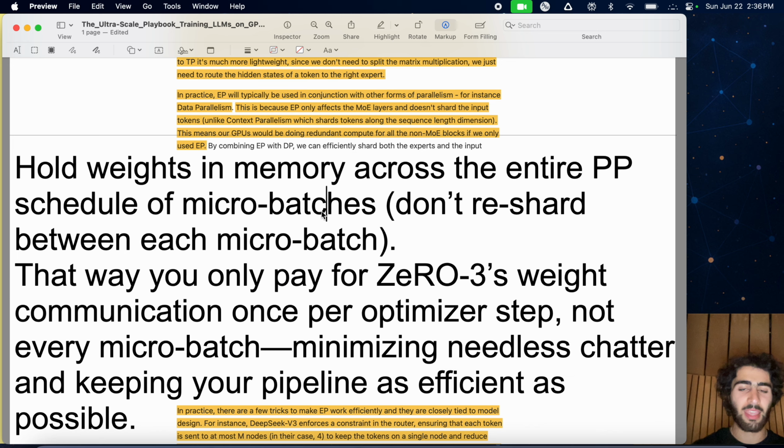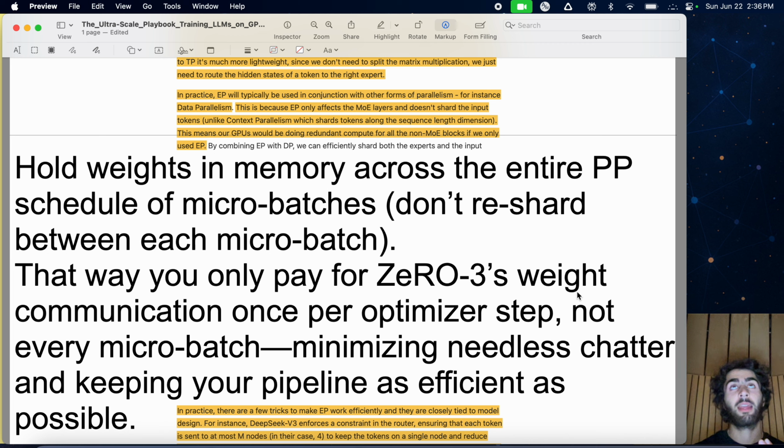So what it's saying is that if we have ZeRO-3 in pipeline parallelism, then we hold weights in memory across the entire pipeline parallelism schedule for each microbatch, which is to say that we do not reshard between each microbatch. That way, you only pay for ZeRO-3's weight communication once per optimizer step, not every microbatch, minimizing needless chatter and keeping your pipeline as efficient as possible.